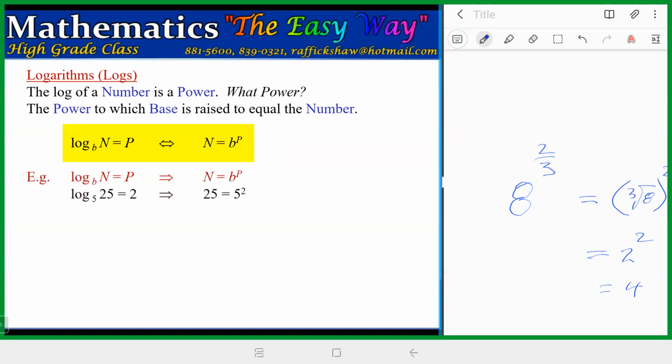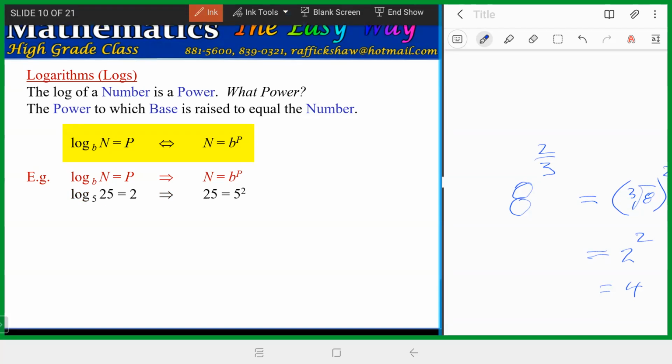So let's look at the log of 25 to base 5. Log of 25 to base 5 is equal to 2. Why? Because the number 25 is equal to the base of 5 raised to the power 2. See there? The base of 5 raised to the power 2. That's a relationship.